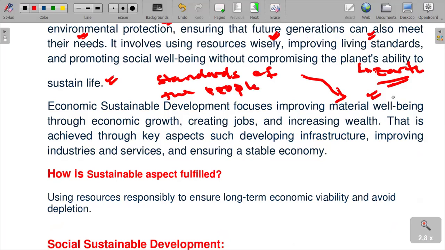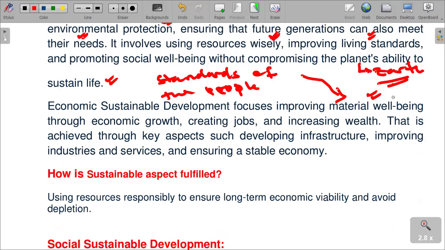If the standards of living of people is good, it means there is access to material well-being. We are talking about everything which people need to survive, but their access to them, their ability to obtain them.